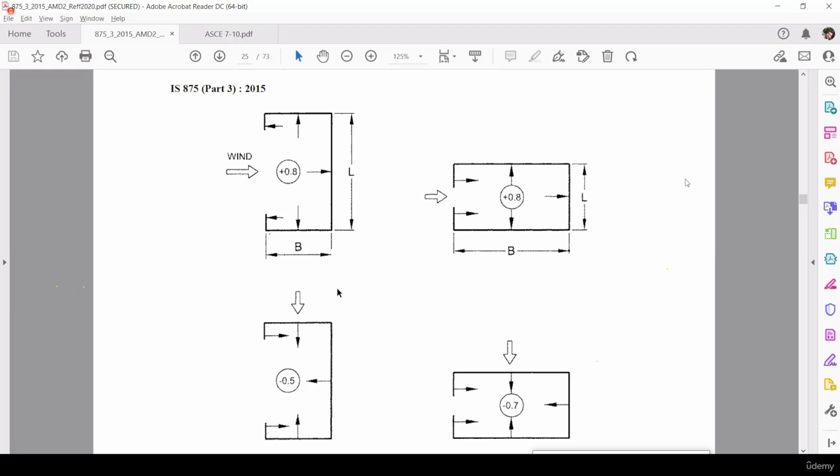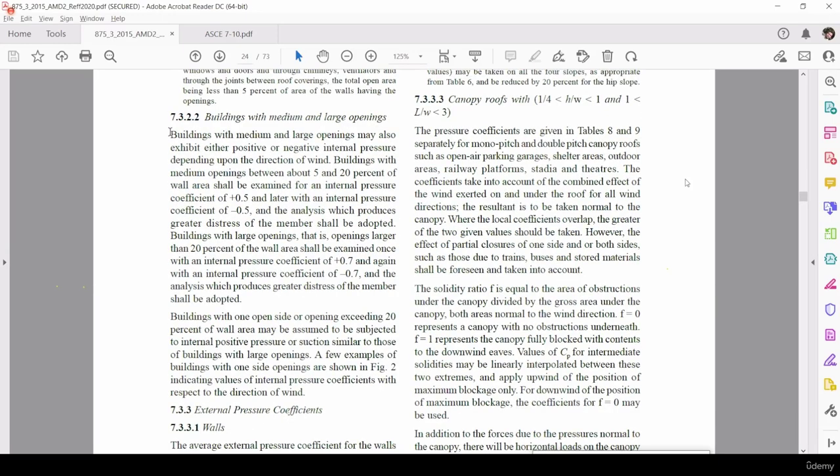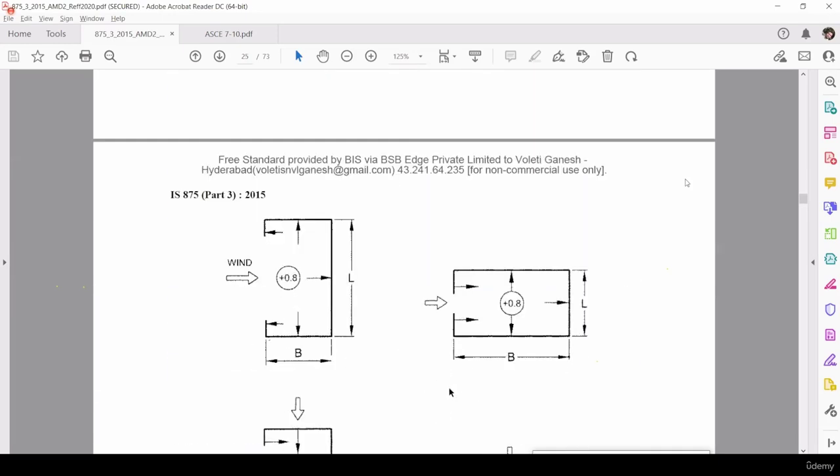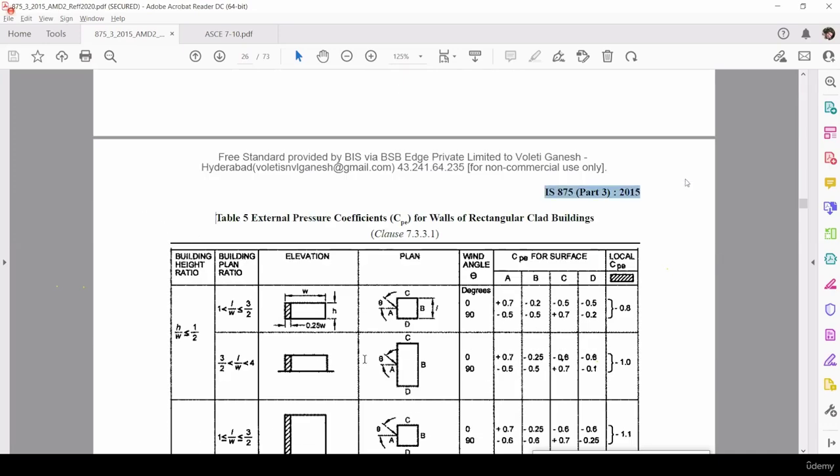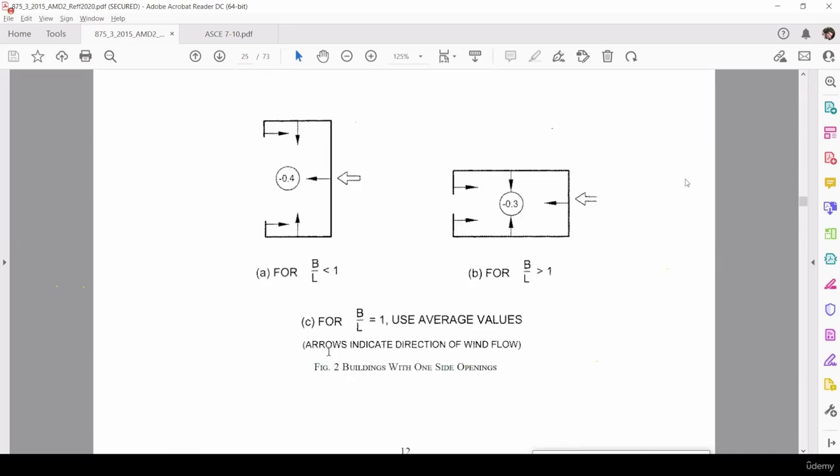No. If the wind acts in the open direction, in that case only we have to consider plus 0.8 as the internal coefficient. But what if we apply the wind from the closed side? The general coefficients are there, no? Yeah, we will follow that. Yes, I was just asking for clarification. Thank you. Generally, he is showing here only special cases, because all the general cases he has mentioned in the clauses and he has given external pressure coefficients in the table. These are some special cases.